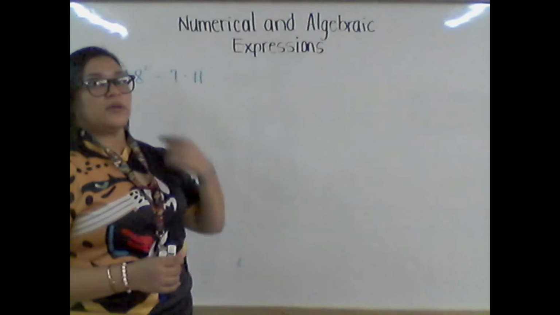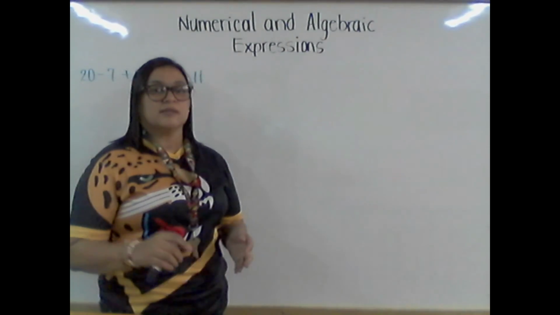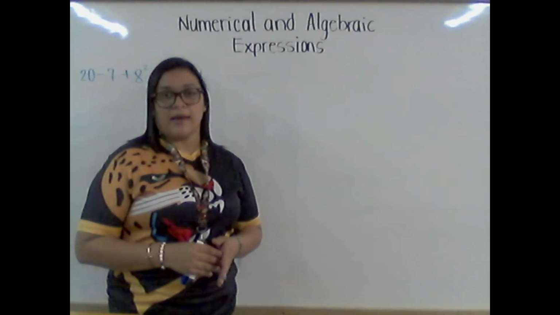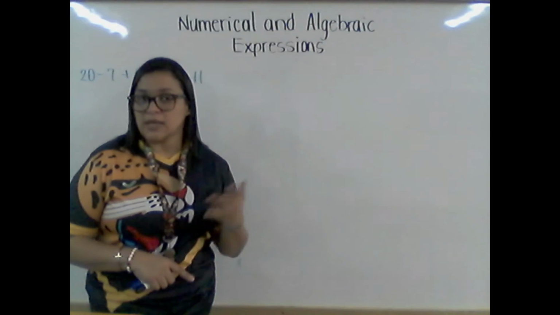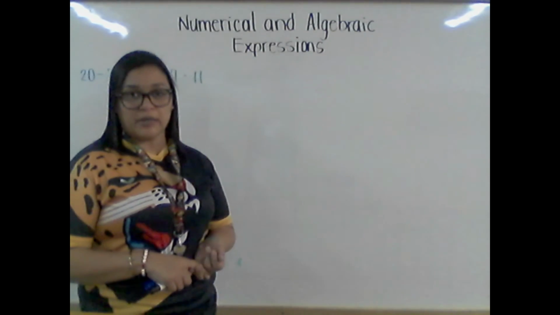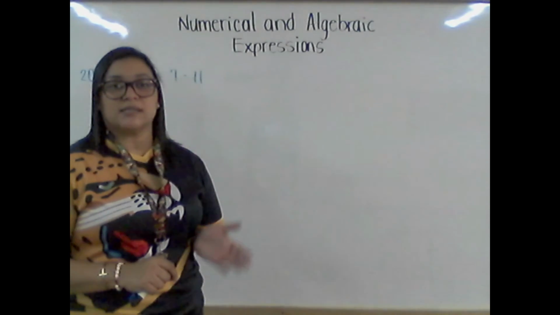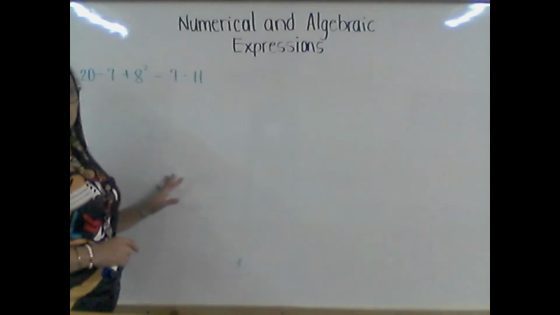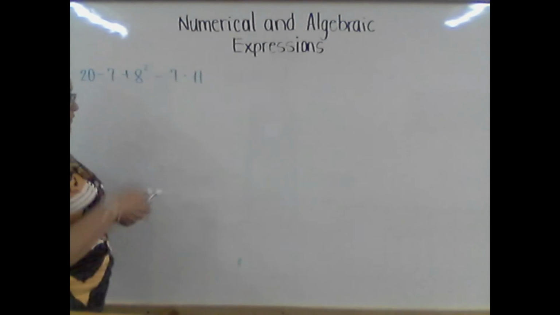Okay guys, so now we're going to practice algebraic and numerical expressions. So as you heard before, a numerical expression involves only integers and mathematical operations, while an algebraic expression contains variables. So the first example is one of a numerical expression that we are going to simplify.